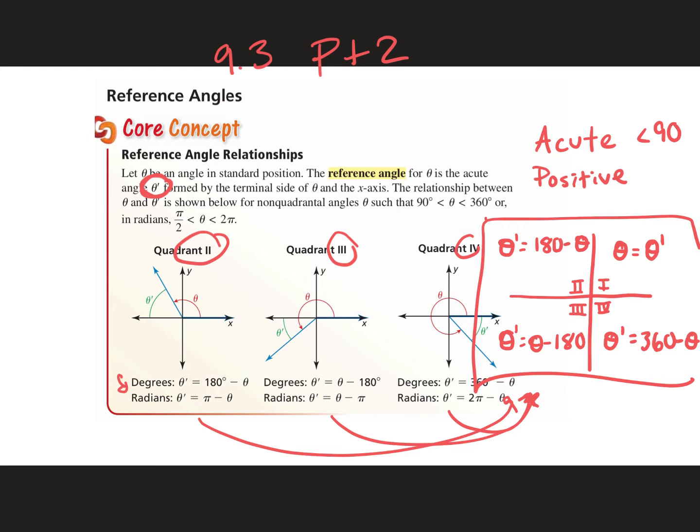We'll see in the first example why we change it to degrees to start, so we don't even have to worry about the radians formula. We're just going to look at the one that has to do with degrees. On your notes for the test, you want to have this box here. It's just so much easier.